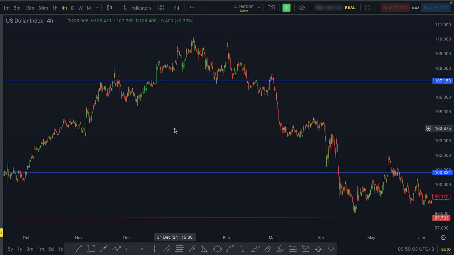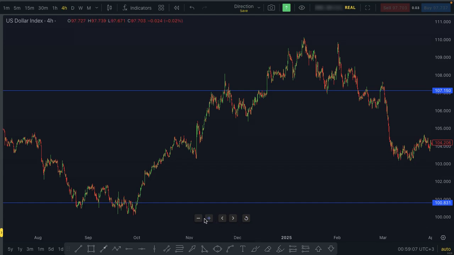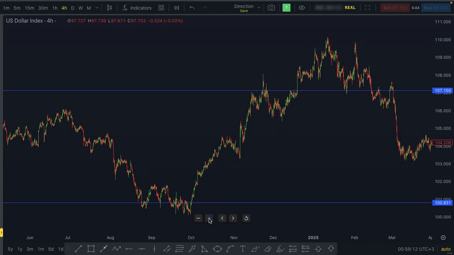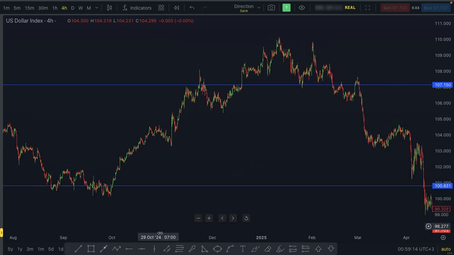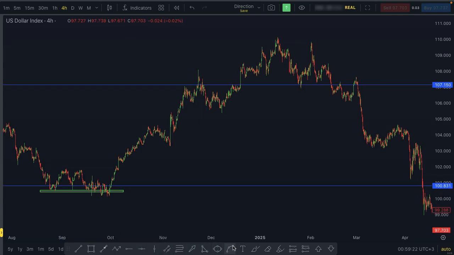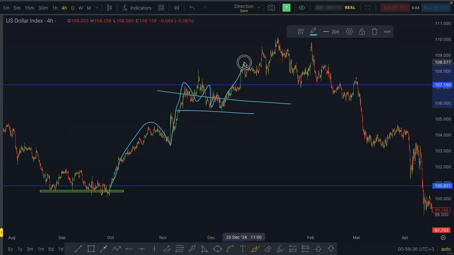Let me give you an example around here. Let me zoom out and see. You can see the market established a support level around here, and then it created a series of higher highs and higher lows.